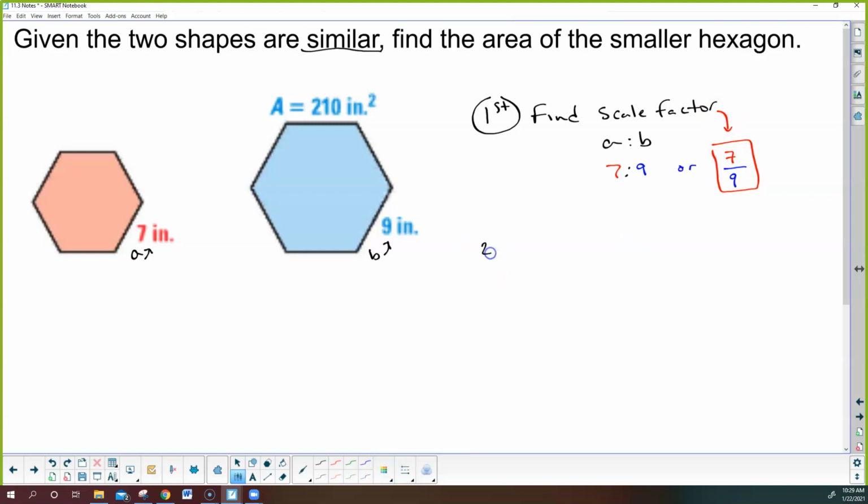Now, what do we know? Okay, the second thing is that the ratio of the areas is a squared to b squared, right? That's squaring the scale factor.